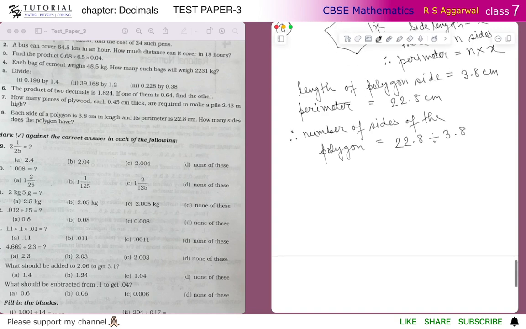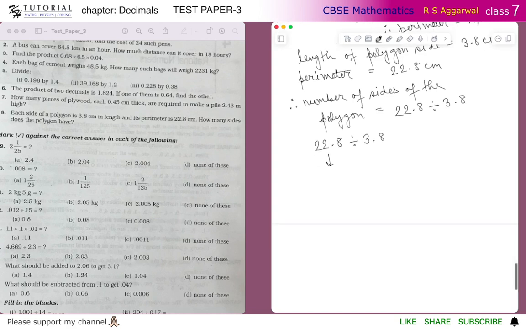So we have to now compute 22.8 divided by 3.8. So it's a decimal number divided by another decimal number. So first we convert the decimal number to decimal fraction. We get 228 by 10 divided by 38 by 10.